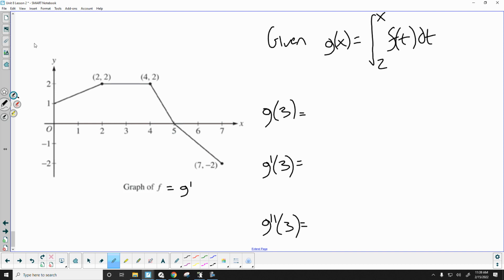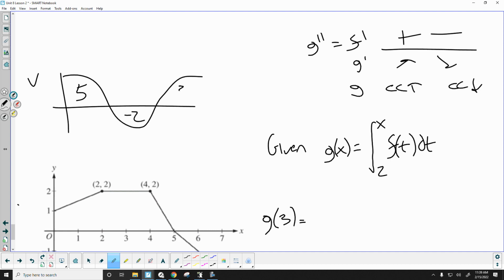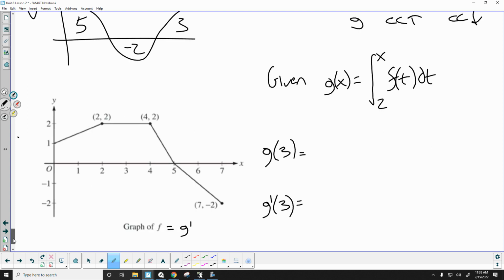Do you remember last unit, Unit 7, when I just gave you a velocity graph and I just gave you areas? It's the same thing, only you find the areas because you are given a derivative.